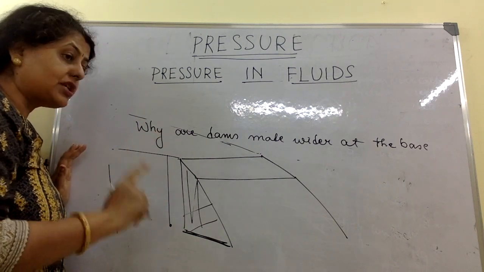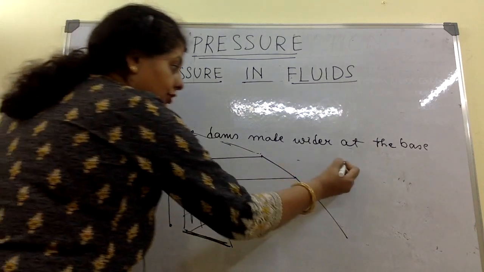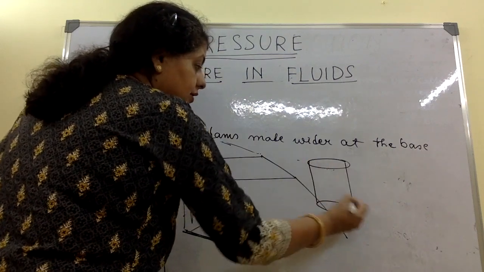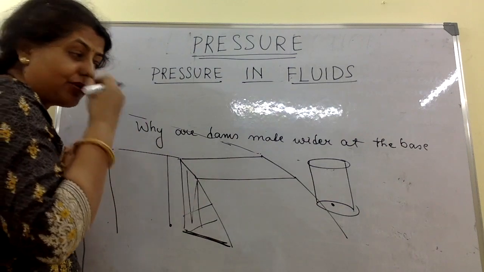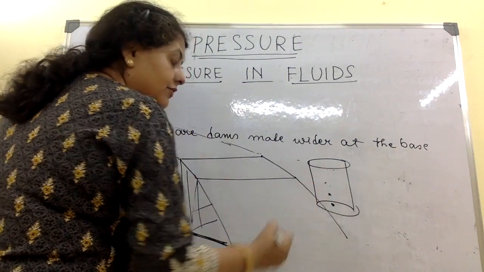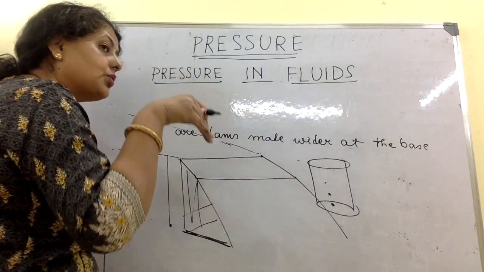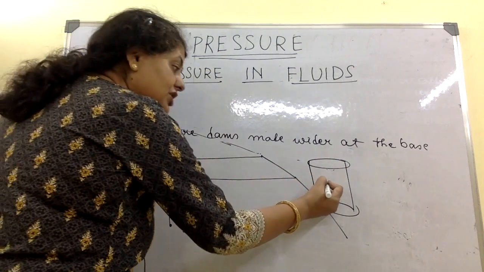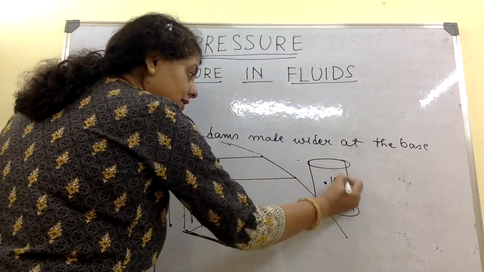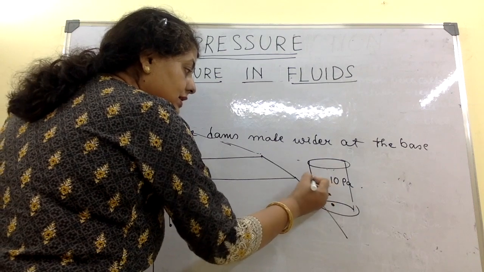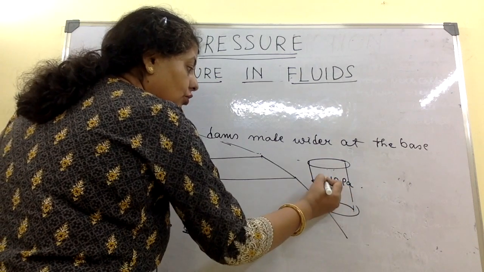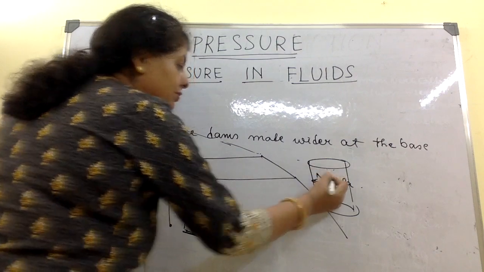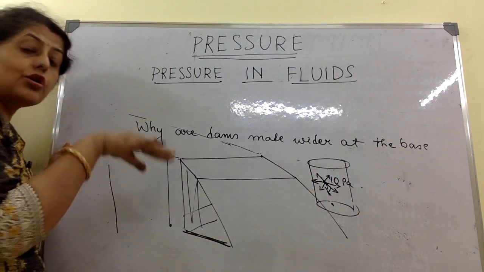Remember, just now I was talking about the cylinder, I forgot to mention, pressure does not work only downwards. If I say pressure at this point is 10 Pascal, it means 10 Pascal is working on all sides.